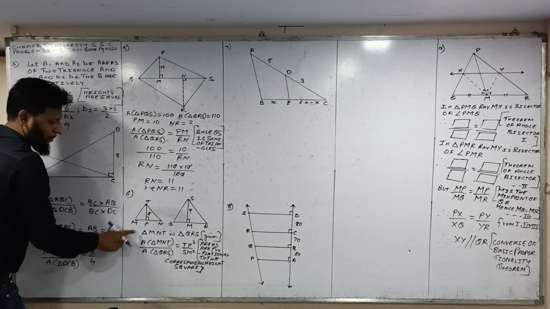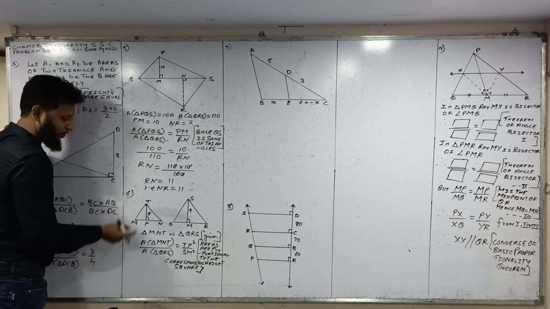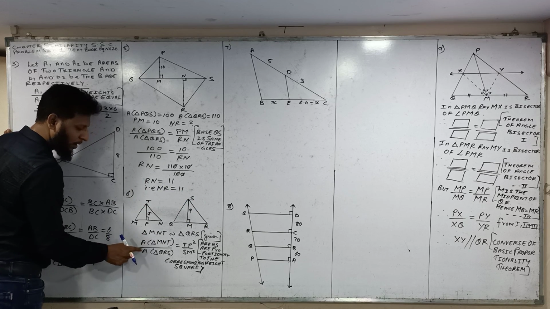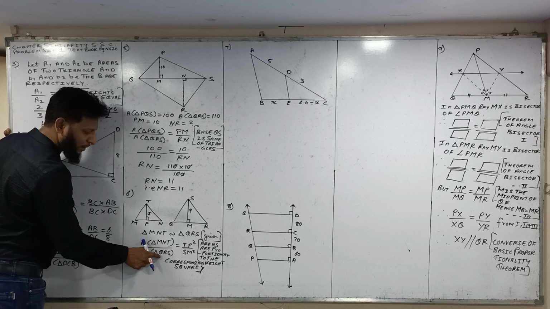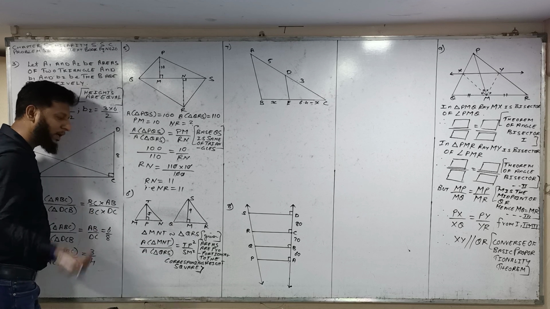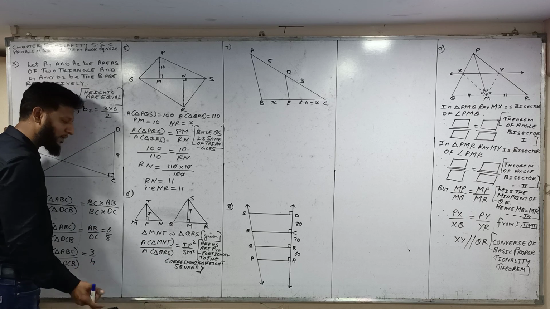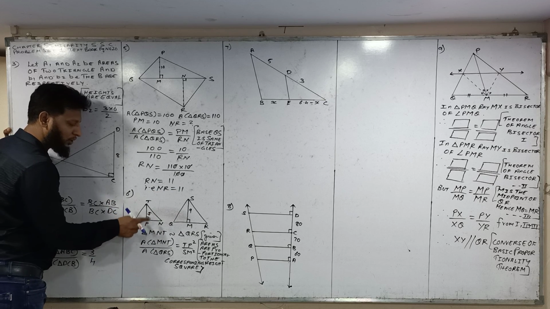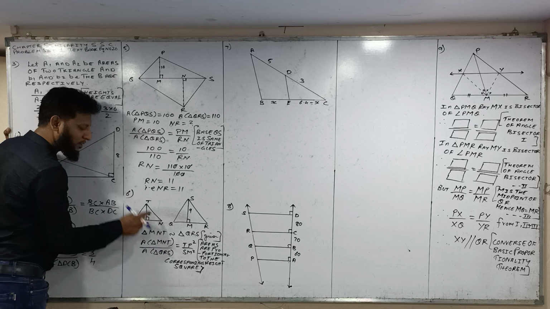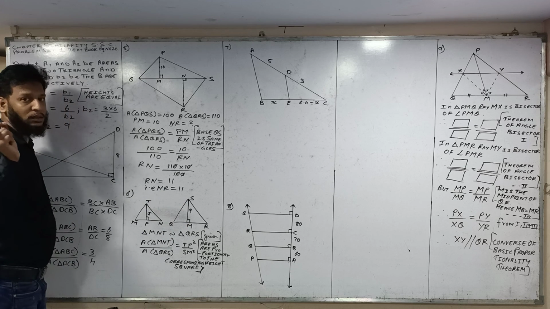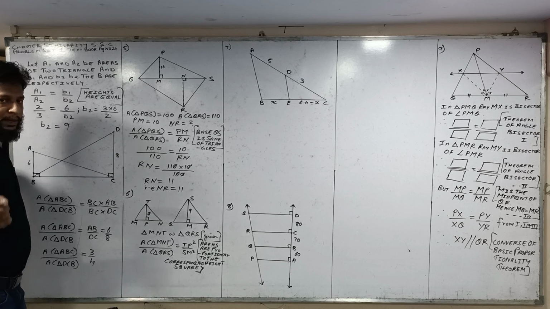So areas are proportional to their side square. For example, MNT is similar to QRS. That means area will be proportional to MN square and QR square, or NT square and RS square, or MT square and QS square. Similarly, if the corresponding height is given, areas are proportional to their corresponding height square, TP square and SM square. It is also proportional to their median square also.